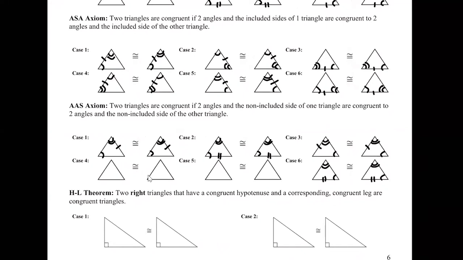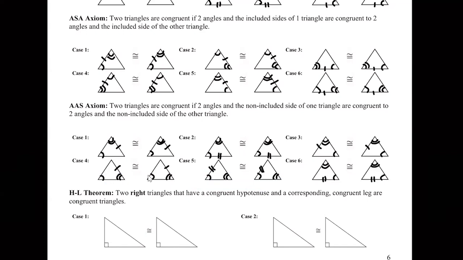So the last set of cases would be if you have a pair of corresponding congruent angles, and let's say these two sides are congruent, but you could also have a pair of corresponding congruent angles where these two sides are congruent.